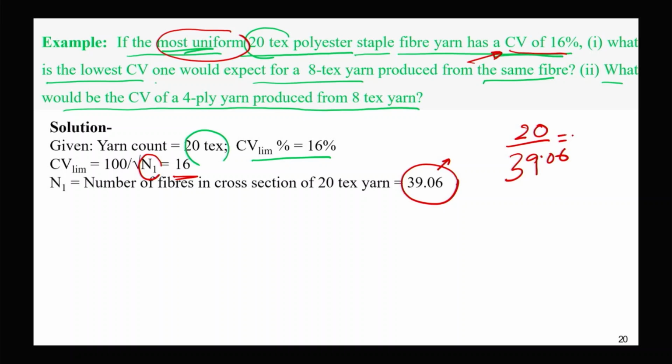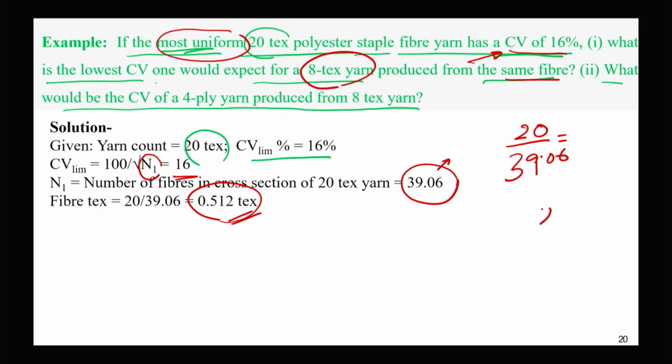So what will be the tex here? Tex is 0.512. So that's the tex of fiber. So if we get the tex of fiber and the same fiber is being used, for 8 tex yarn we can calculate the number of fibers.